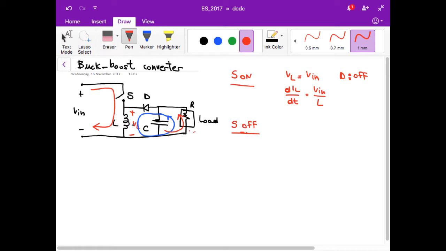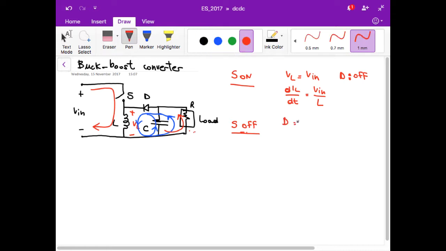Because you can see that during T off, the inductor continues to have the current in this direction again, and this current does two things. On the one hand, it recharges the capacitor, and on the other hand, it passes through the load. Therefore, the diode goes on because the current passes in the proper direction.